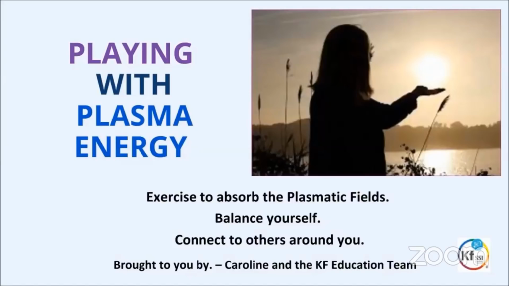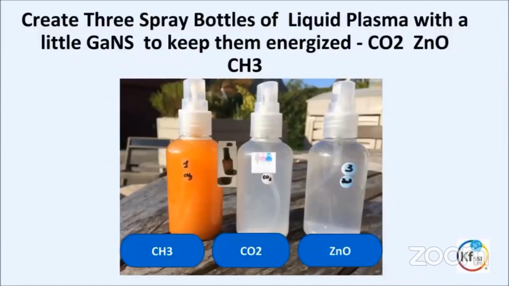An easy and fun way to try this out for yourself is to fill 3 spray bottles with liquid plasma, also containing a little of the GANS to keep it energized for longer. GANS bottles feel cold to the touch when activated.